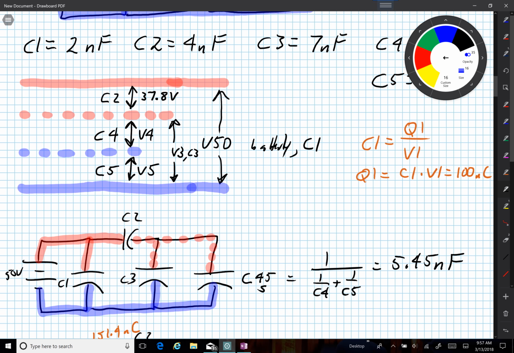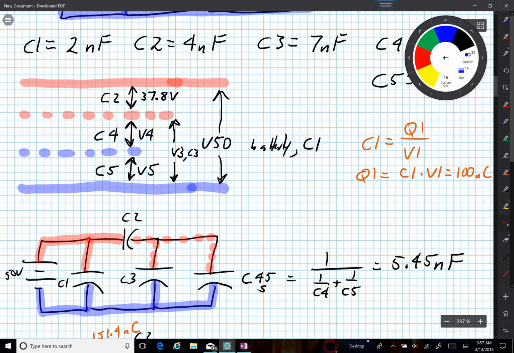Well, looky. I know from solid red to solid blue is 50 volts. I now know that from solid red to dashed red is 37.8 volts.